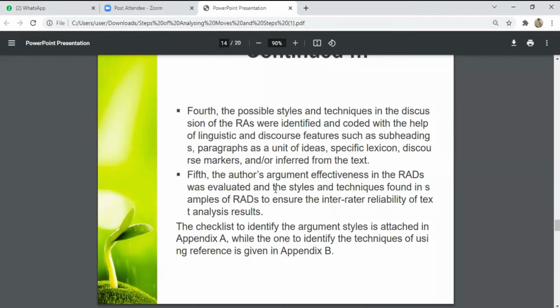So the analysis is a sentence-based or clause-based analysis, not smaller than that. The analysis cannot be based on words, because this is discourse analysis.